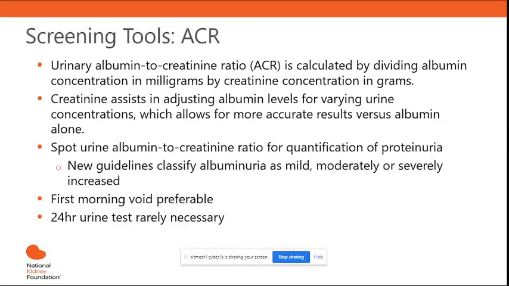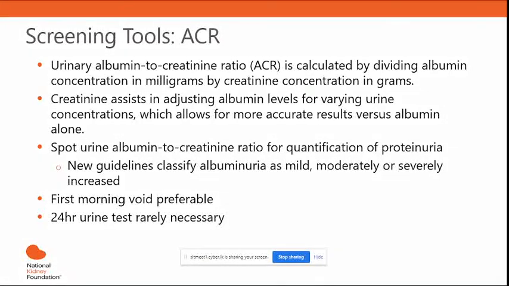The spot urine albumin to creatinine ratio is frequently used for quantification of albuminuria. According to the guidelines, we classify them as mildly, moderately, or severely increased, depending on how much the albumin excretion is. The first morning void sample is preferred.